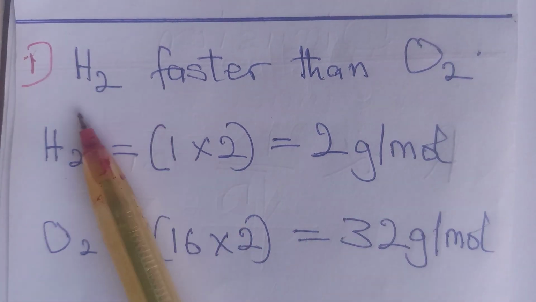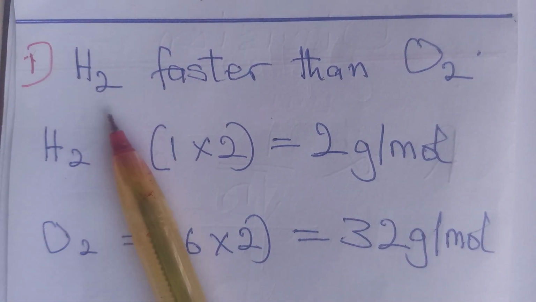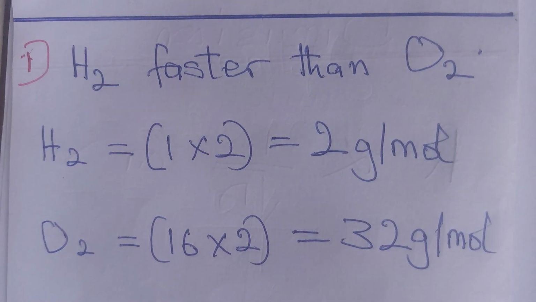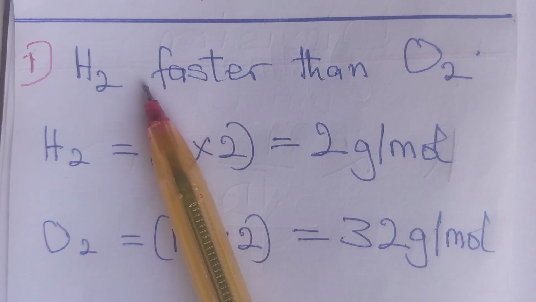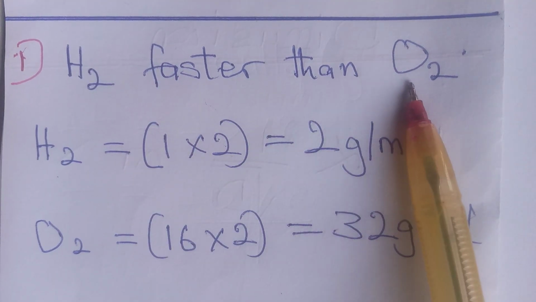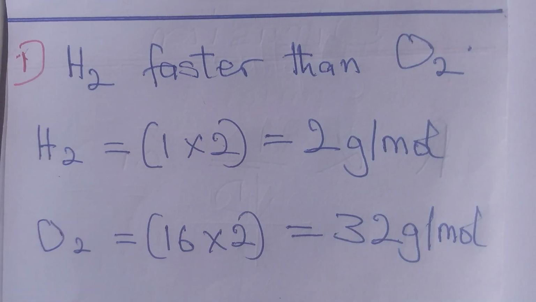By how much will hydrogen gas diffuse faster than oxygen gas? Now, we do not have any information concerning the densities of these two gases, hydrogen and oxygen, but we do know the name of these gases, and as such, we will be able to calculate the relative molecular mass.